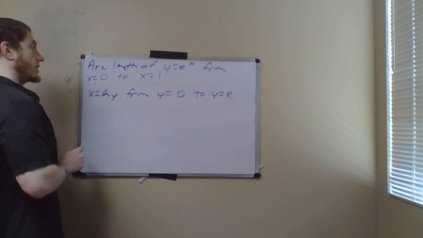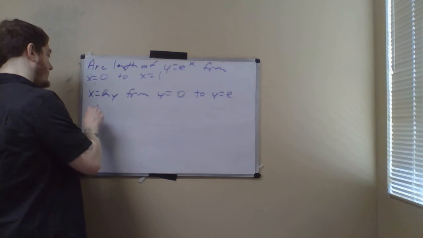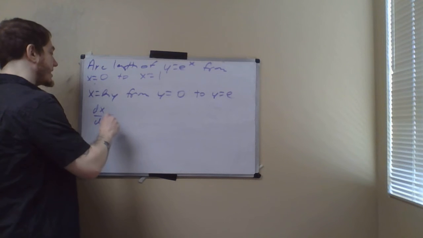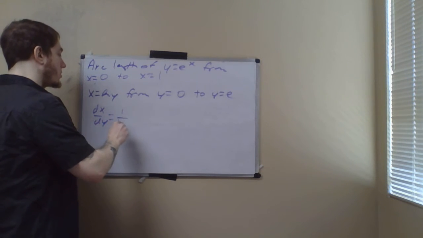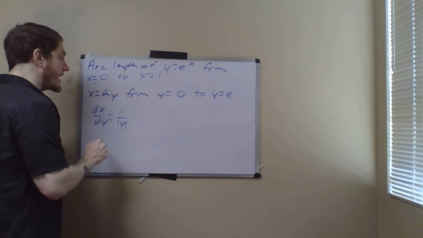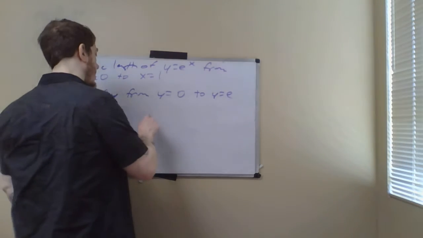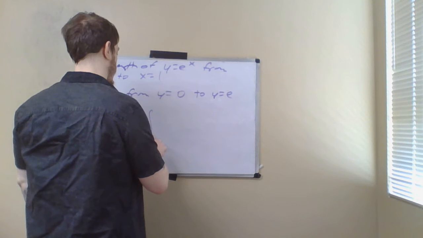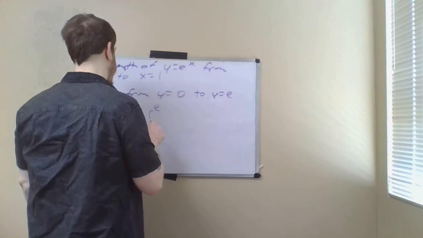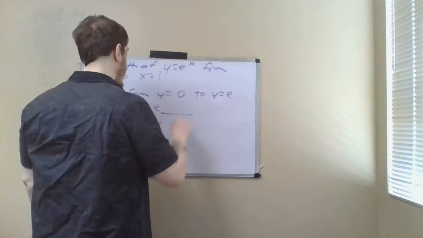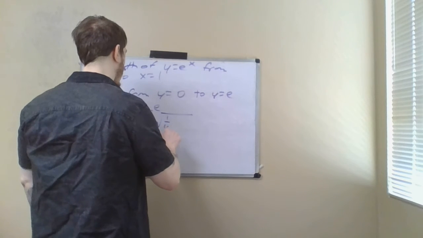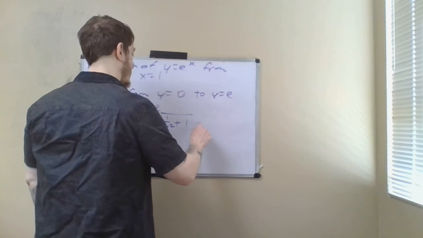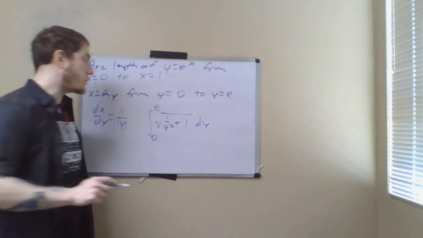In other words, if I write dx by dy, then this is going to be 1 over the absolute value of y. And so this would become the integral from 0 up to e, square root of 1 over y squared plus 1 dy.